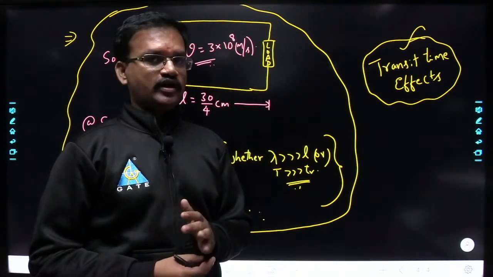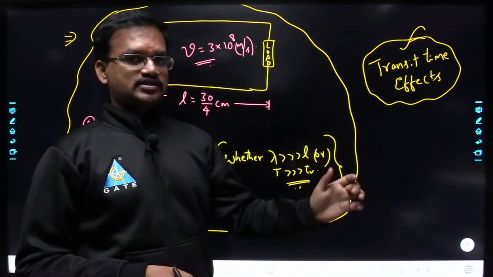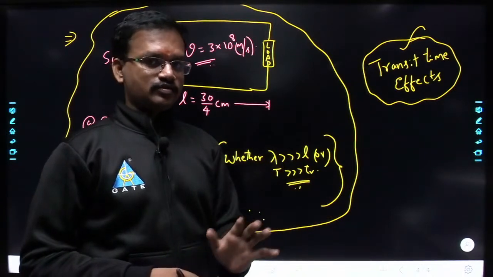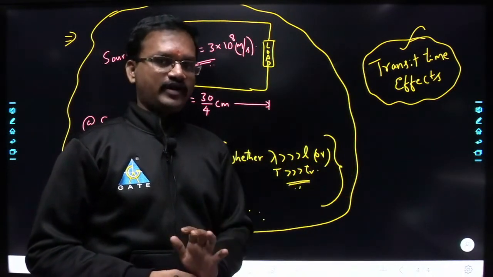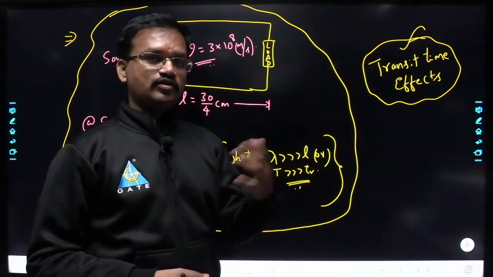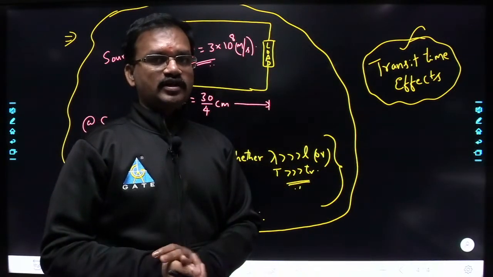It is valid only at low frequencies. What do we mean by low frequency? Such that the L by lambda ratio or TR by T ratio, or beta L, becomes negligible. In that case we can ignore the transit time effects and happily apply KCL and KVL. So in this region, network theory is valid.